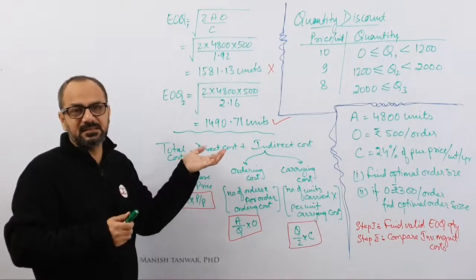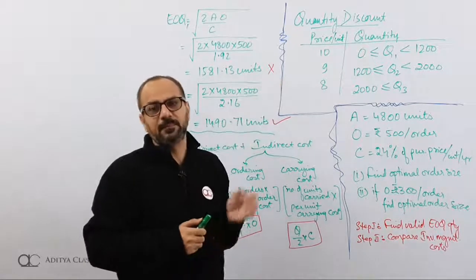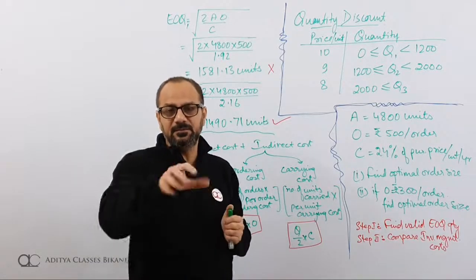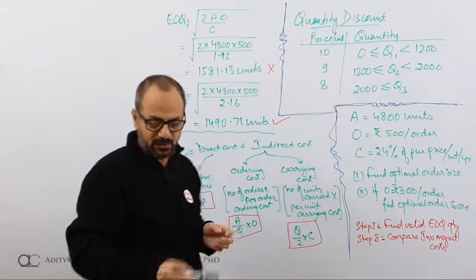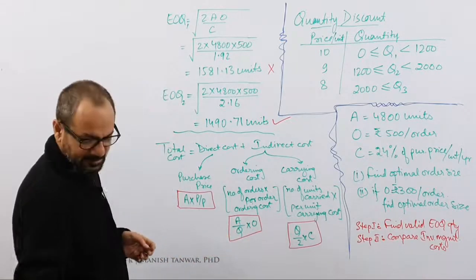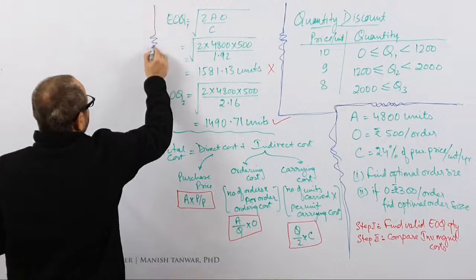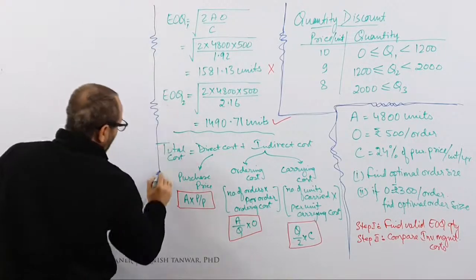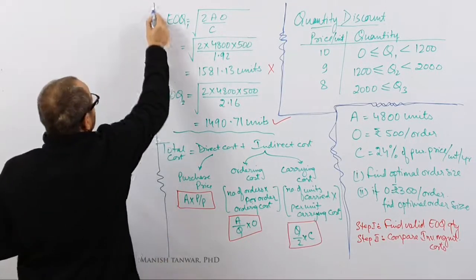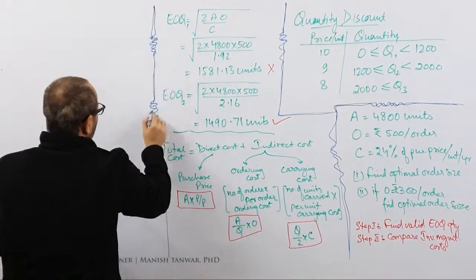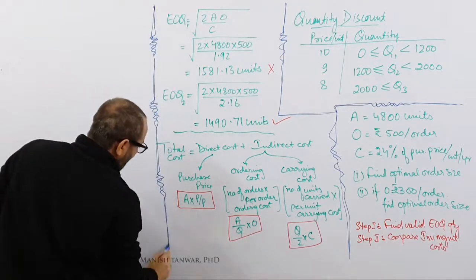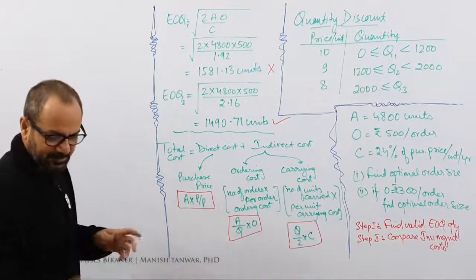But because there are discounts, let me explore what happens if I try to use these discounts. So we'll prepare a table for this, because in tabular form it is easy for us to manage, check, and understand. So we'll prepare a simple table.